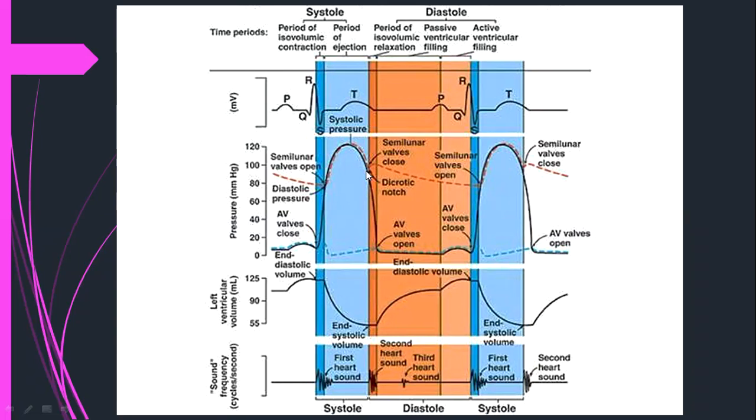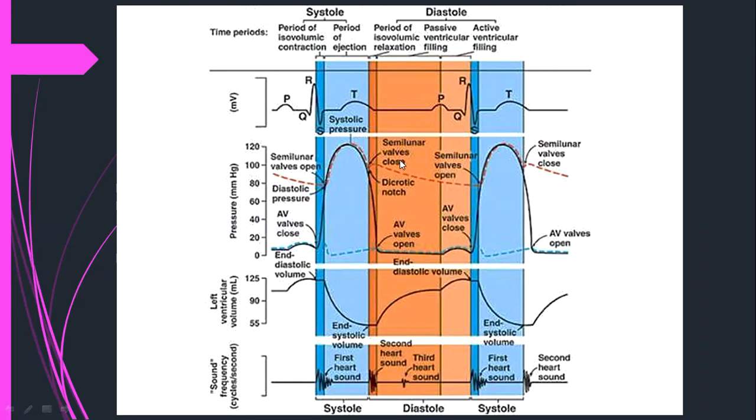until a point close to 100 millimeters of mercury, where the blood in the left ventricle is no longer strong enough to be delivered from the left ventricle to the aorta. So as a consequence, less blood is able to flow into the aorta, and this will make the semilunar valve close.